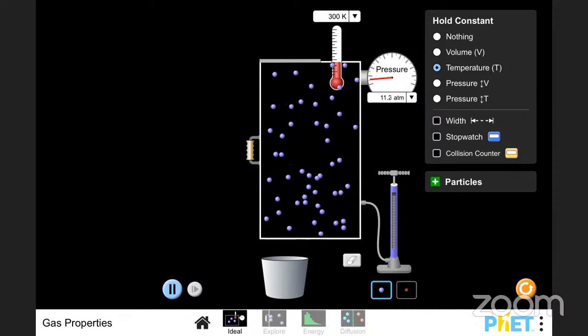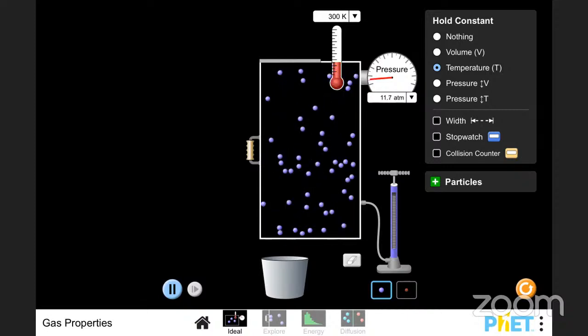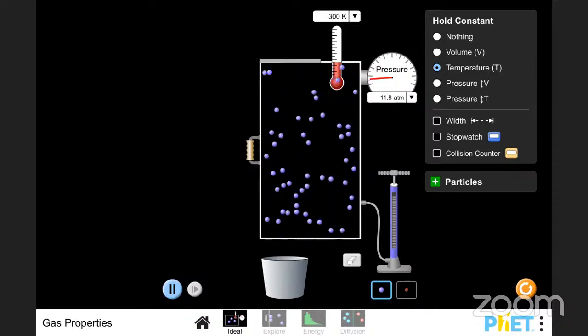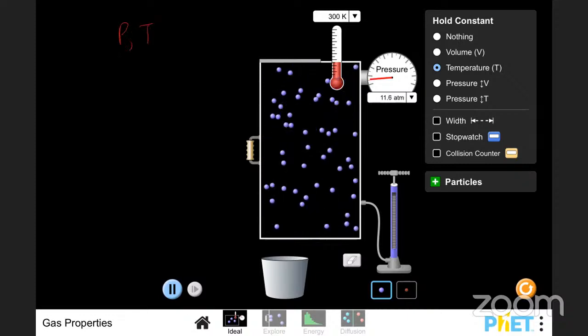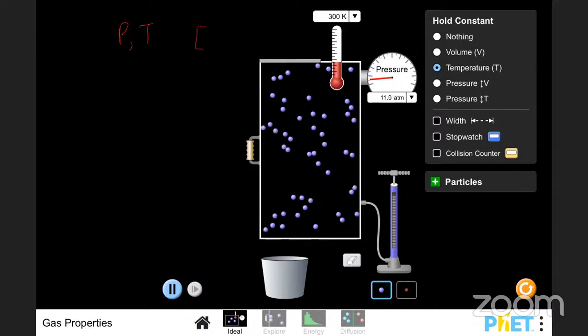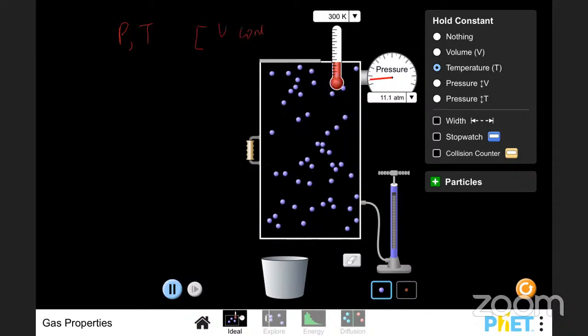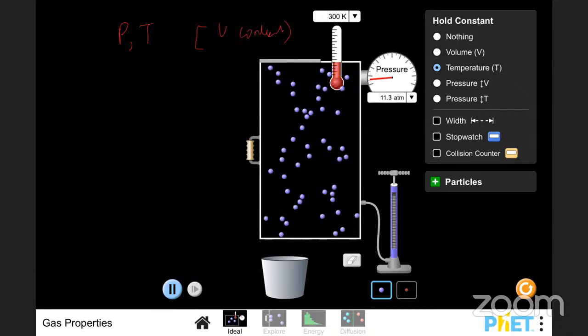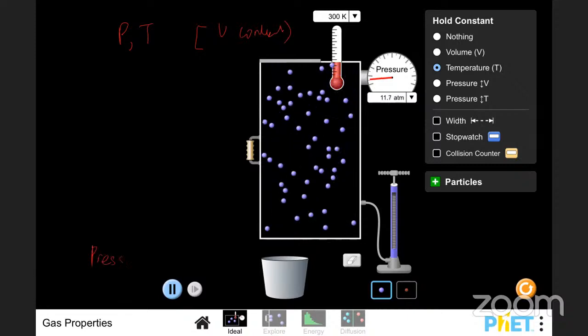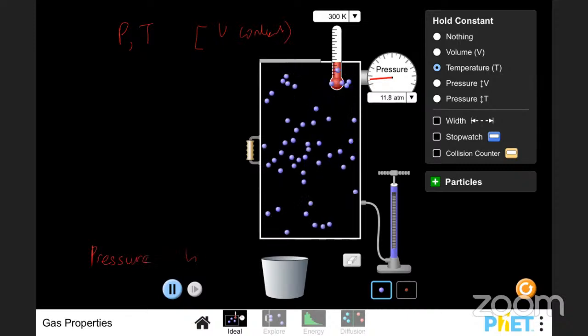Right, so let's take a look now at keeping volume constant. So we're looking at pressure and temperature, and we want to see if we keep the volume constant, what will happen? This law is the pressure law.